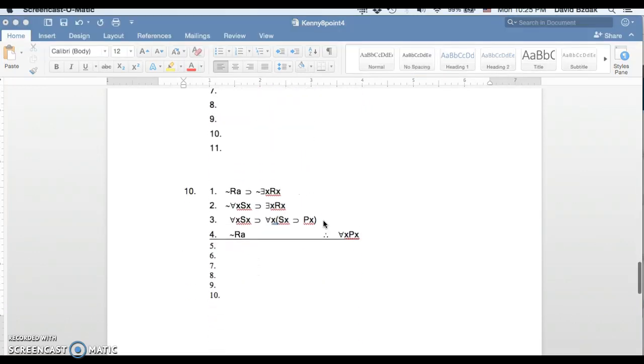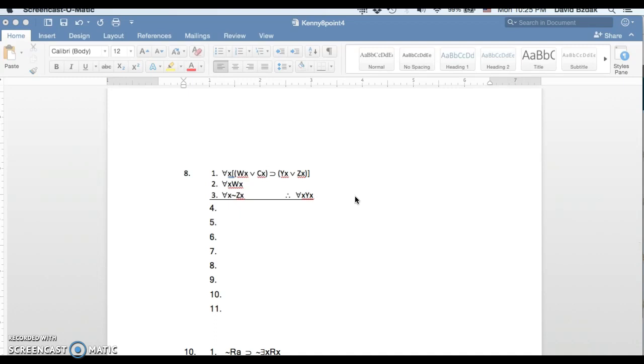All right. I'm going to skip down a little bit to number 8 since I only have time for one more. With number 8, we've got 3 universal quantifiers for premises, and our conclusion is a universal quantifier. So again, we'll most likely use the universal quantifier introduction. So we'll just go in order.